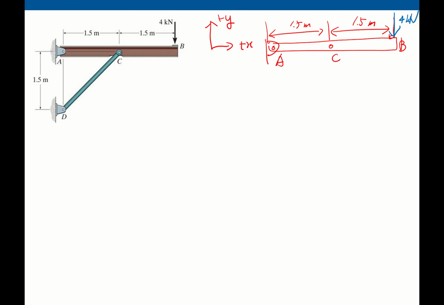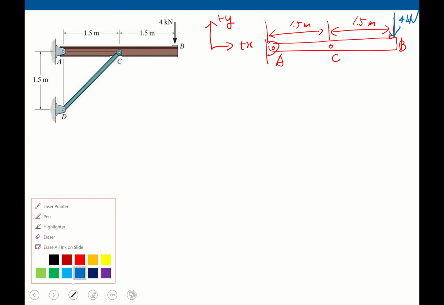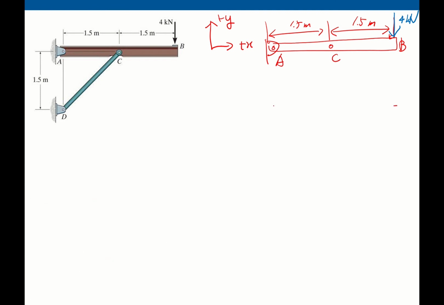Okay. There is a member. Since this is 1.5 meters, the angle here is automatically determined, which is 45 degrees.